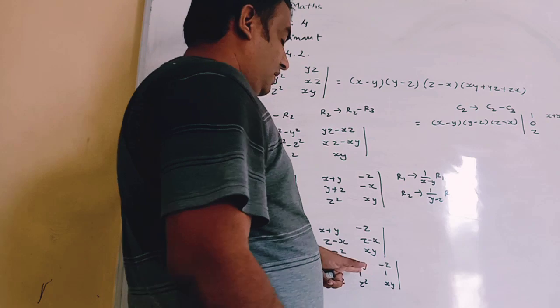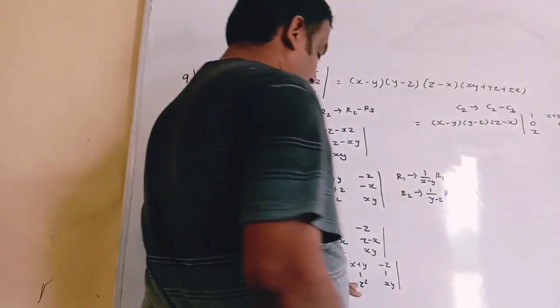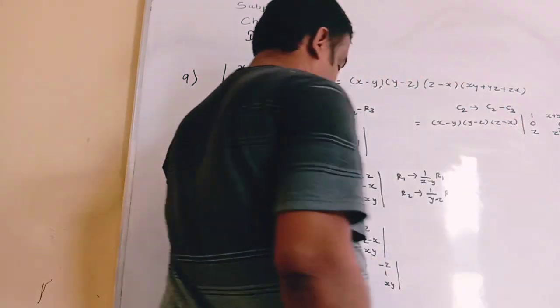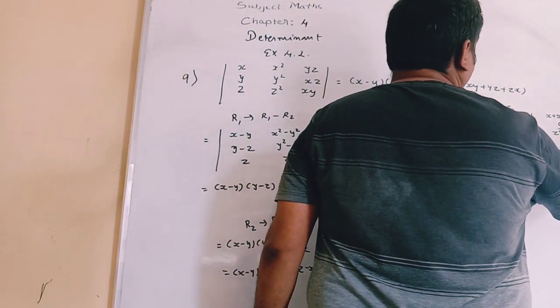Now we have 1 minus 1 0 and z square minus xy. And here 1 xy as it is.